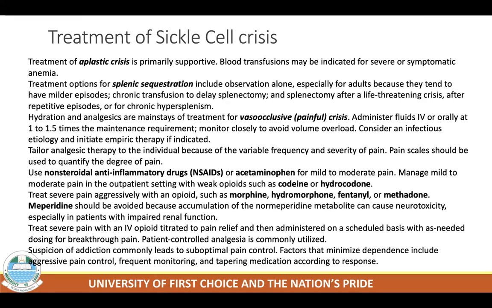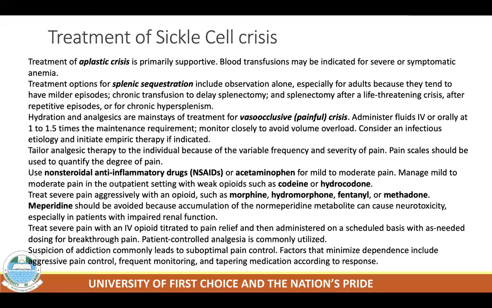Treat severe pain aggressively with an opioid such as morphine, hydromorphone, fentanyl, or methadone. The truth is, here in Nigeria, we have reserved morphine essentially for people with end-of-life treatment in cancer. So we do not even have them available for people with sickle cell disease currently.